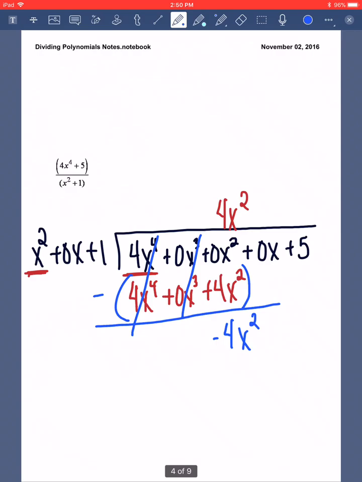My next step is I need to bring down my next term. But if you look, I'm dividing by 3 terms. I'm dividing by an x squared, a 0x, and a 1. So I need to divide into 3 terms. So I'm going to bring down my 5 as well. So I'm actually dividing into negative 4x squared plus 0x plus 5.